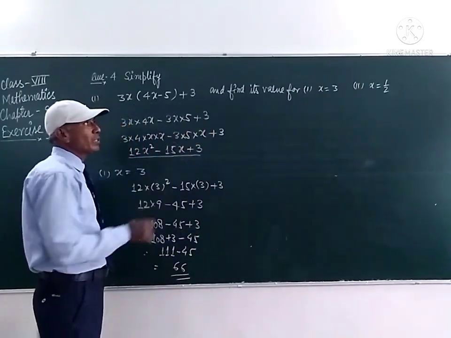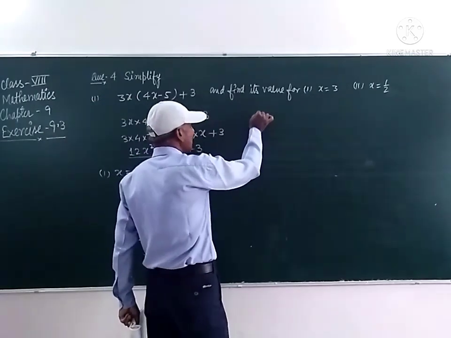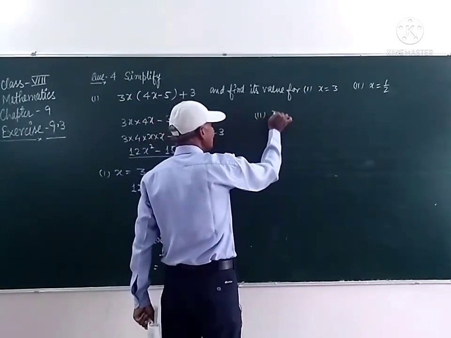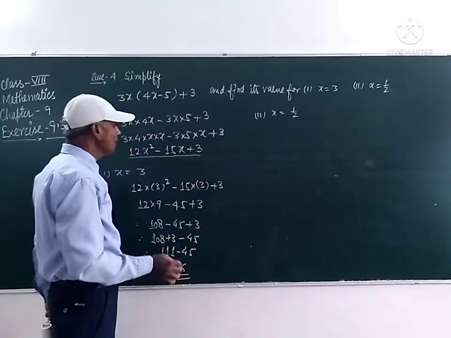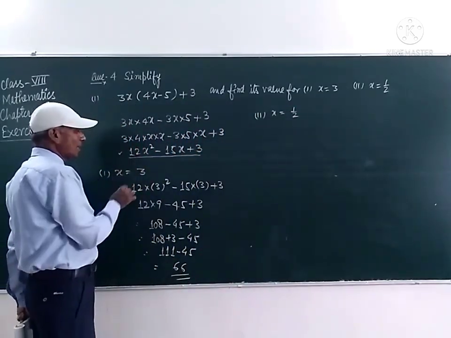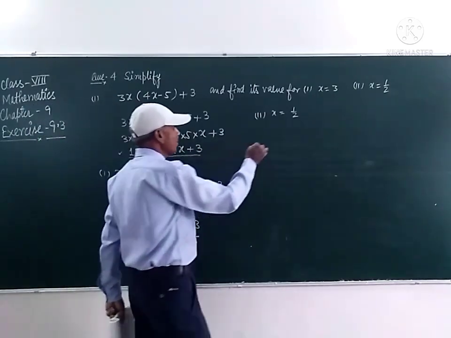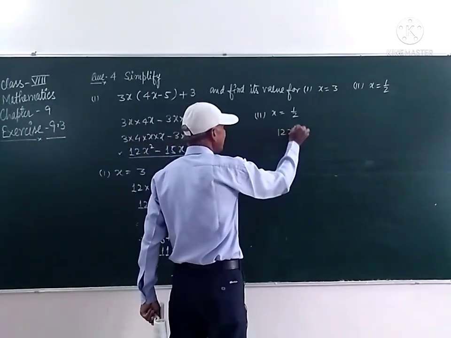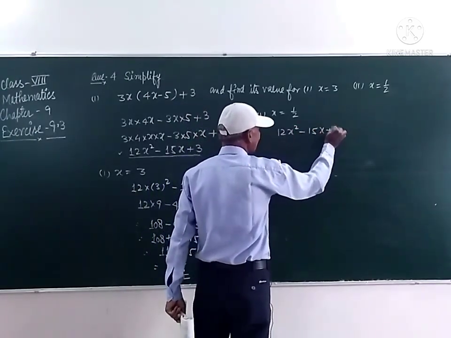Now we have to put the value x is equal to 1 by 2, this one second part. In this x is equal to 1 by 2. So students, we have to take this expression. After simplification, the expression is 12x square minus 15x plus 3.